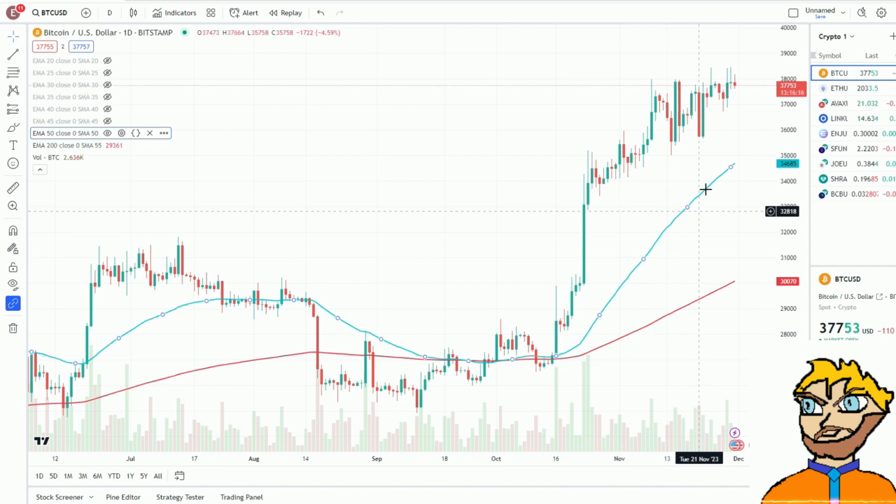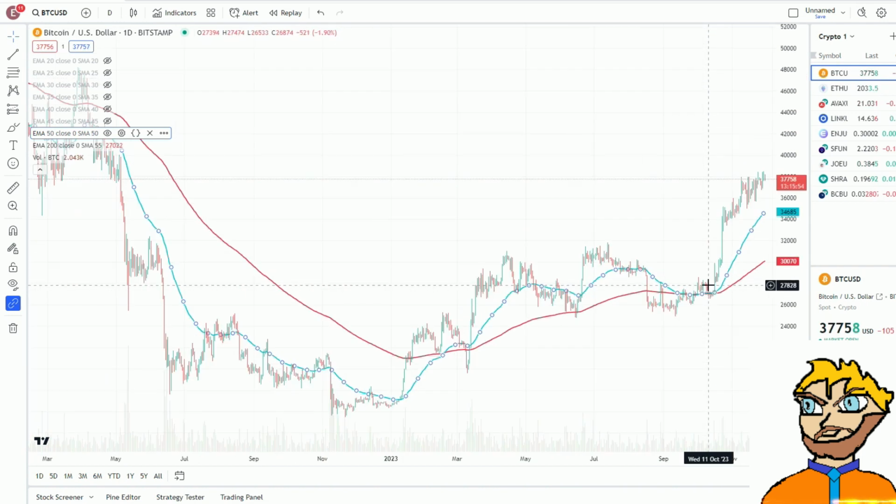So the blue line crosses to the downside of the red line, and 5 candles, and I know I'm getting the hell out of my position. I'm exiting everything.